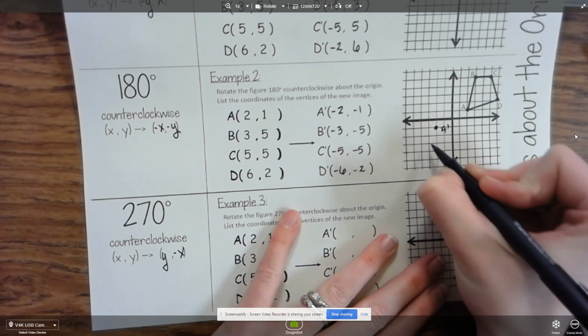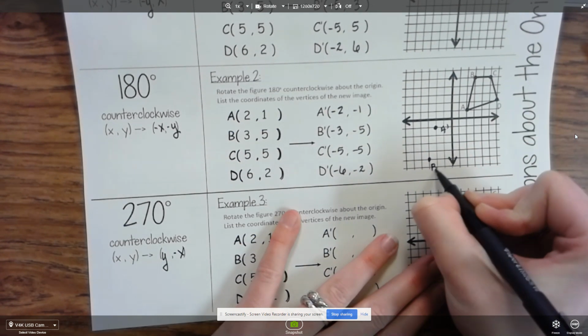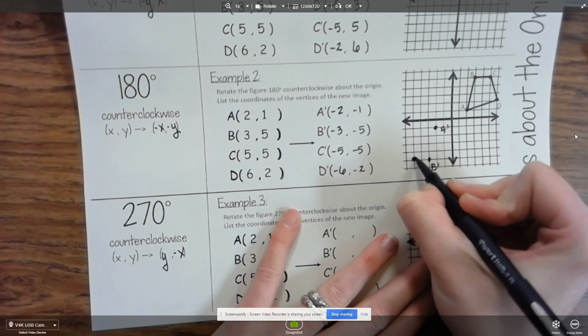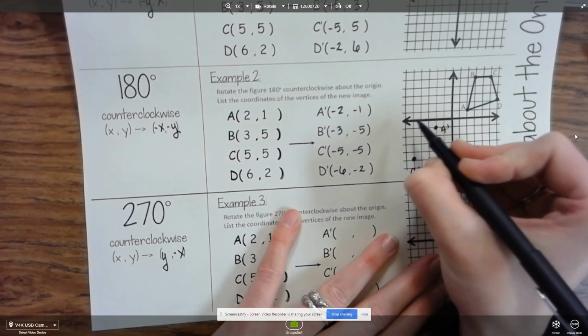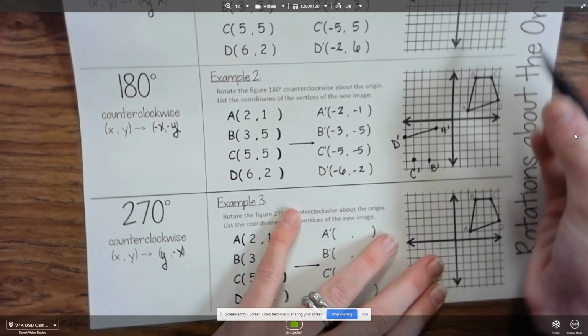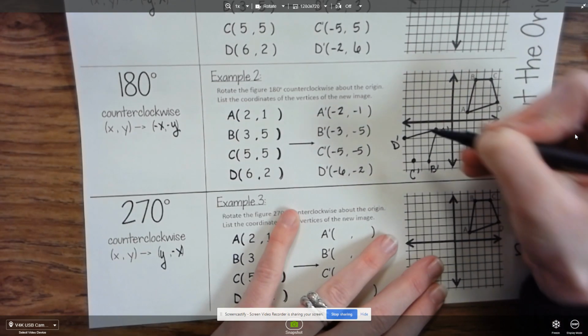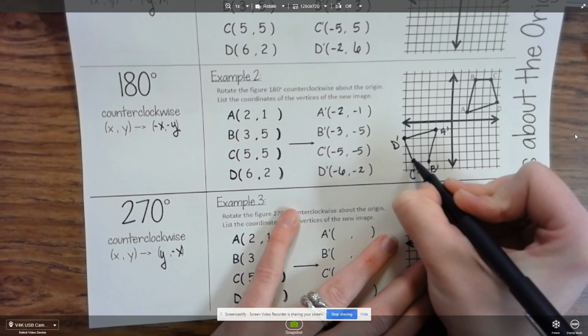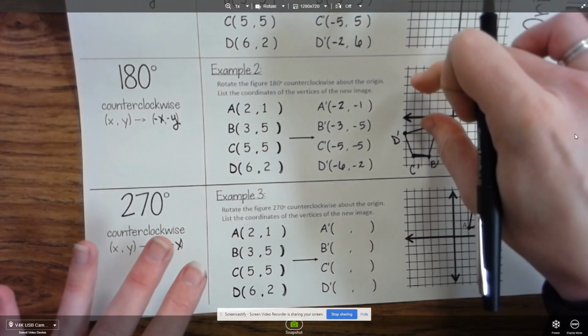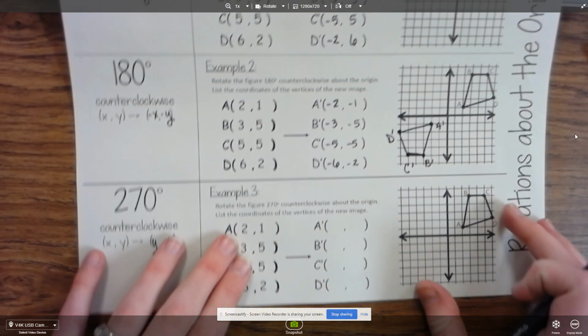Negative 3, negative 5, that's B prime. Negative 5, negative 5, that's C prime. And then negative 6, negative 2, that's D prime. And so again, you can see how I would take this figure and I would turn it.